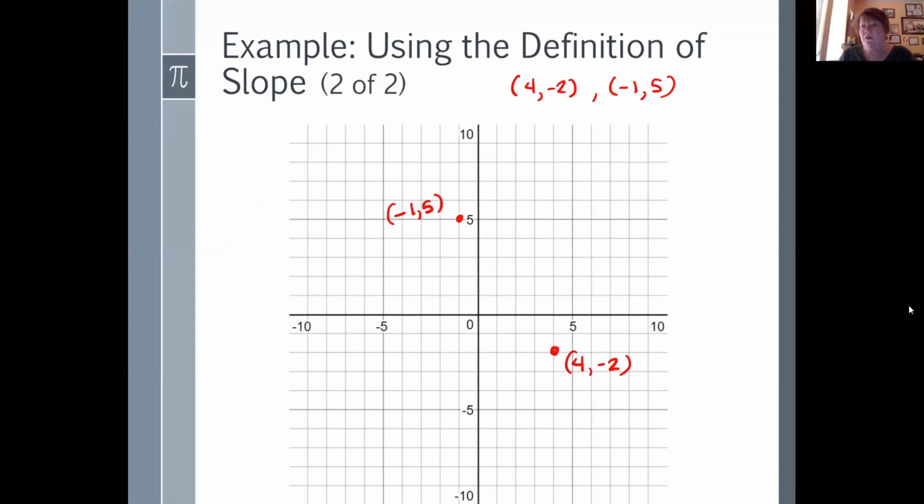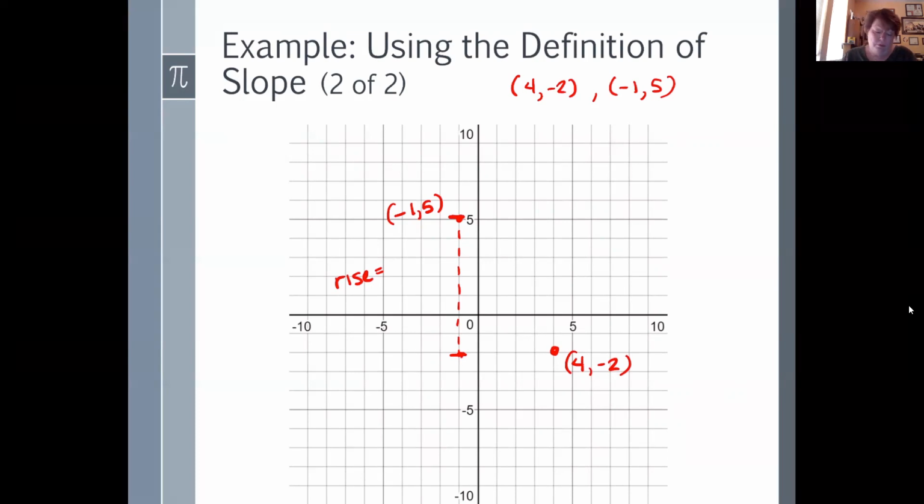And let's look at the rise over run. Okay, so the rise is the distance it takes me to get from one point to the next. And the rise there is 7, but I'm going down. So to get from 5 to -2, that distance is 7, but I have to go down from 5 to -2. So my rise is negative.